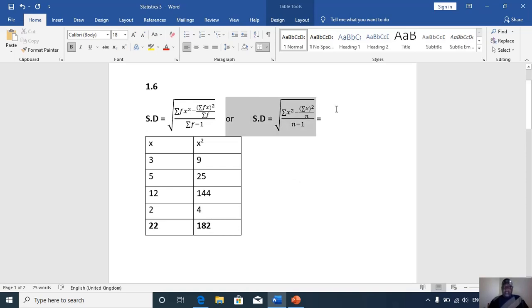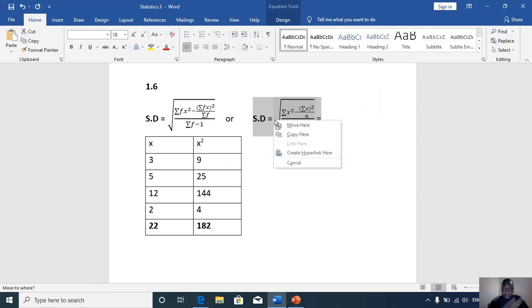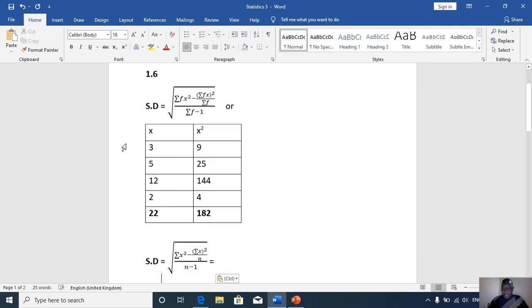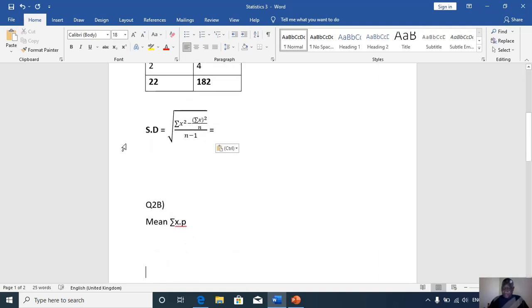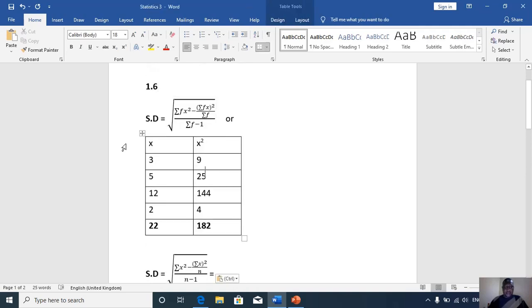So we can bring down the formula here and insert those values in the formula to get our SD for this data that is given. So let me just copy that one. Let me cut it, bring it down here. Alright, now let's substitute the values. Summation of x is 22.